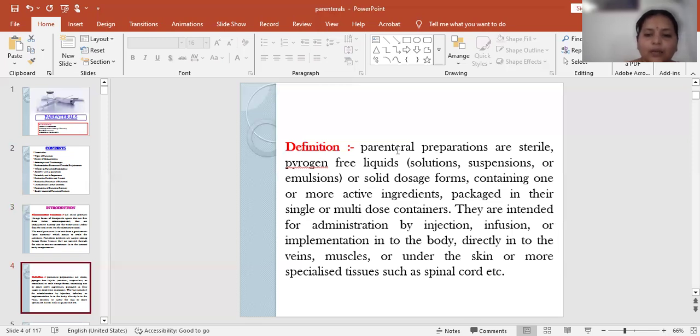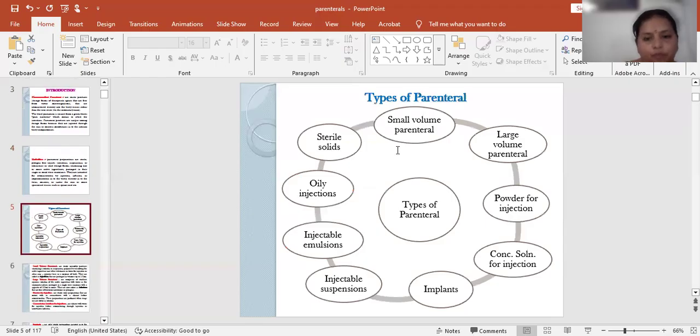These are intended for administration by injection, infusion, or implantation into the body. These parenterals go directly into the veins, muscles, or under the skin, or more specialized tissues such as the spinal cord.